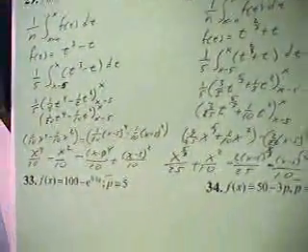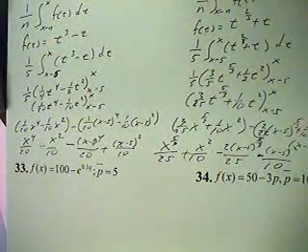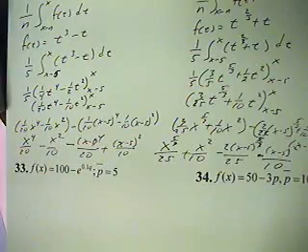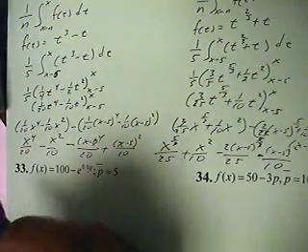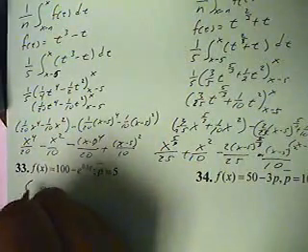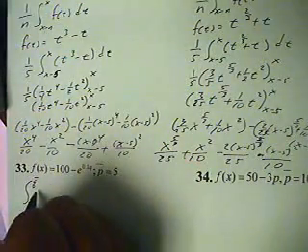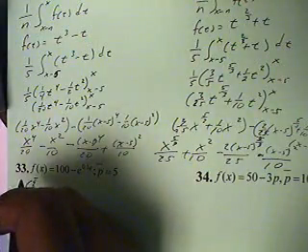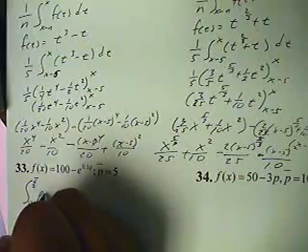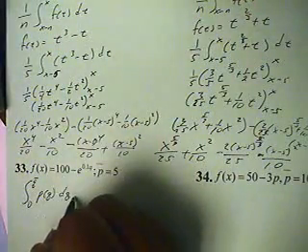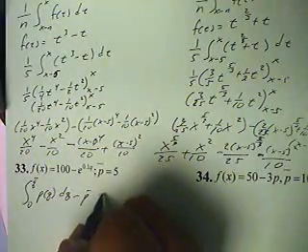Okay, next, we want to find, for number 33, the consumer surplus. The consumer surplus formula is this. It's an integral from 0 to the current demand, and our function will be the price function with respect to Q, dQ, minus the current price times the current demand.